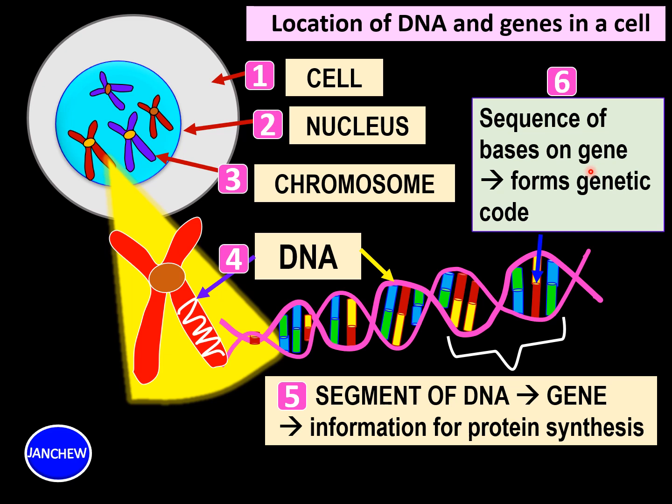So they are arranged in an order that's very specific, and it must be arranged in a specific order to code for the various amino acids that need to be joined together in the right sequence to build a protein molecule. We'll study more of this in the next video, that is the synthesis of proteins.